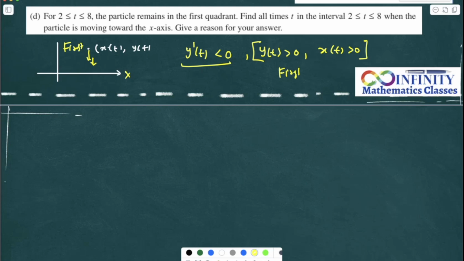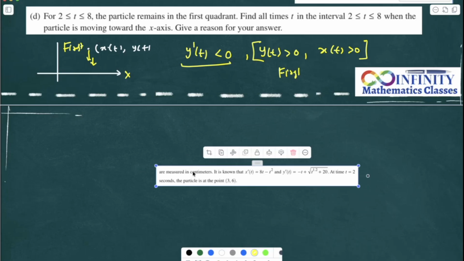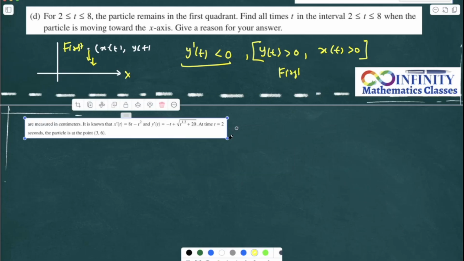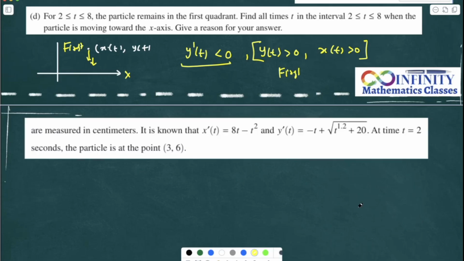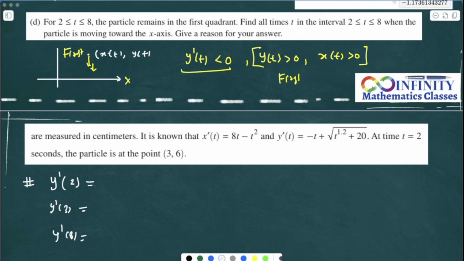So now let us just get the values again. I don't have x(t) and y(t), but yes, we can talk about the derivative y prime t. This is the initial information given to you. For y prime t, can we check if from 2 to 8 we are able to get the derivative negative? I need to find out the points where the derivative is changing sign.